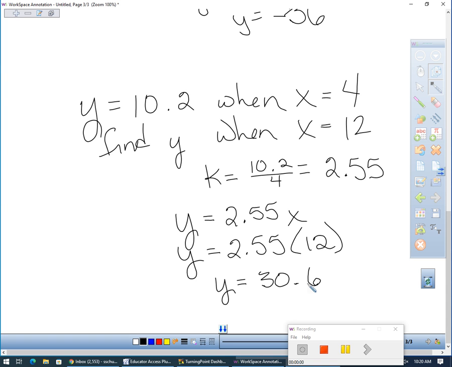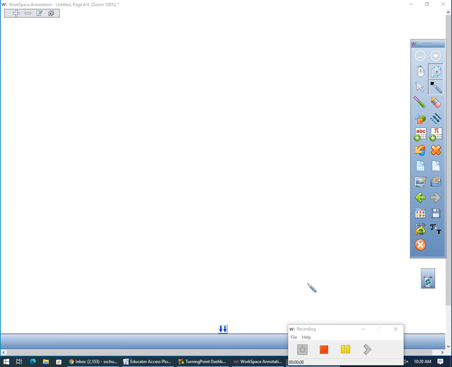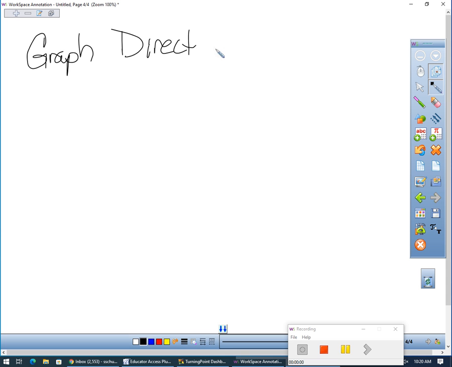All right, last section. In the last section, we are going to graph the direct variation. Now remember, one of the special things I told you about it was that it crosses through the origin. So here are the steps I want you to do.